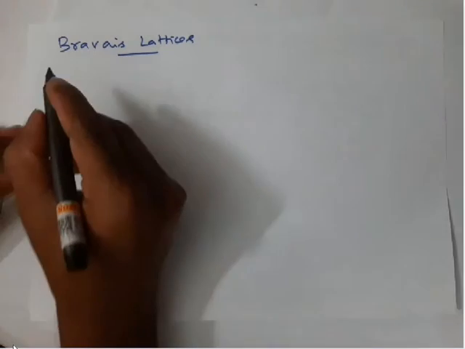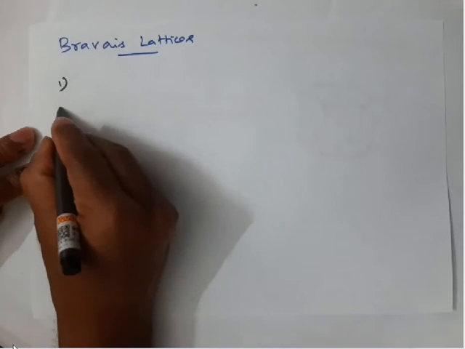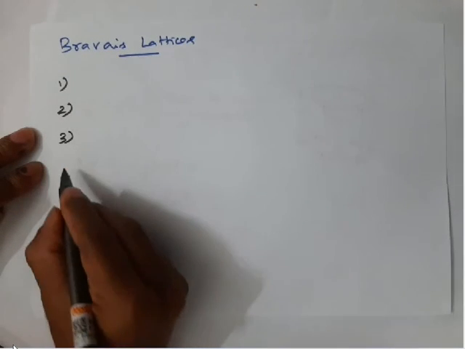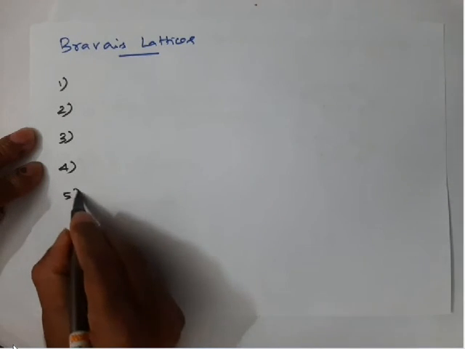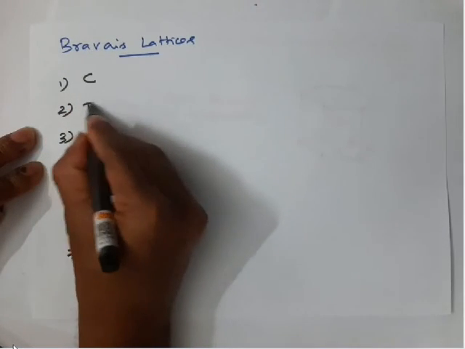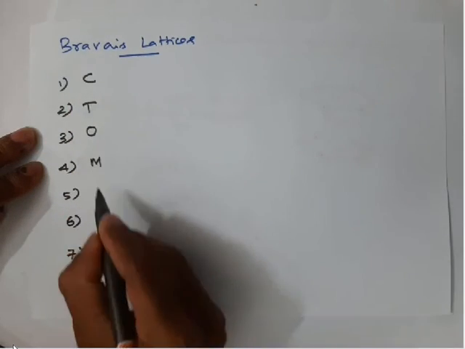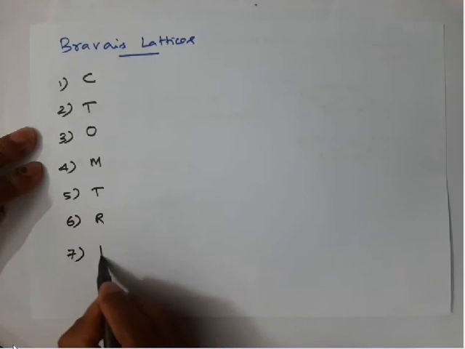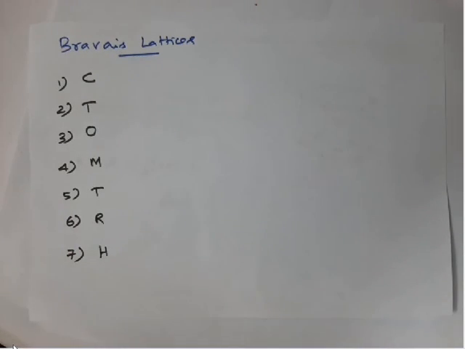He took the 7 different types of crystal system. Remember this: C, T, O, M, T, R, H.